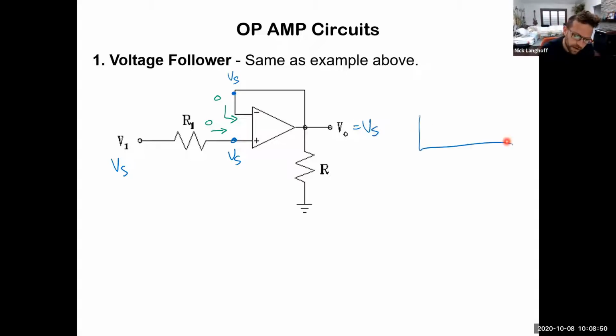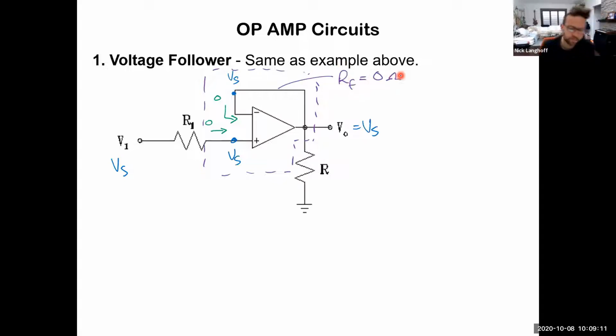So anytime you see an op amp block like this, when you're viewing circuit schematics, and you see something like this, where there is a feedback path, RF is 0 ohms. In other words, the output is connected directly back to the inverting terminal via a short circuit.